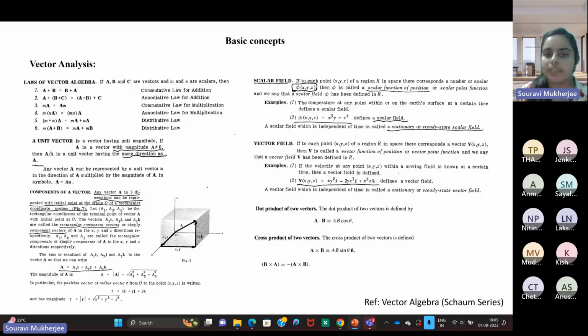And then you can also have a vector field. In that case, it has a direction, so at each point, it has a magnitude and a direction. So suppose you have a fluid flow, and at each point you have some velocity vector, right? So it has a magnitude and a direction. That is a vector field. So now, depending on whether it's a scalar field or a vector field, you have ways of defining it.